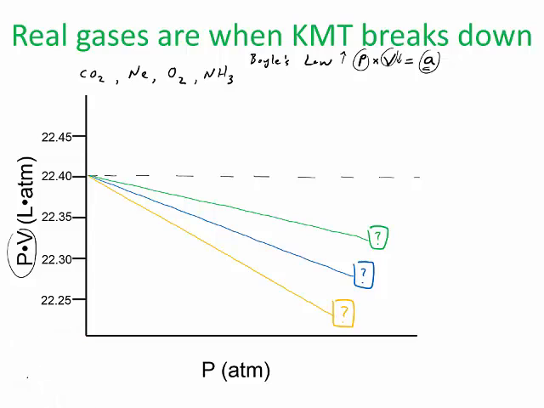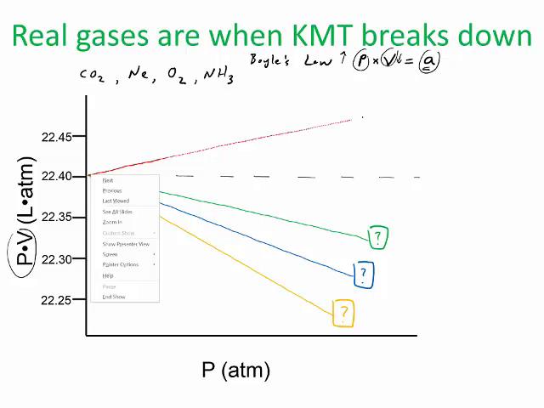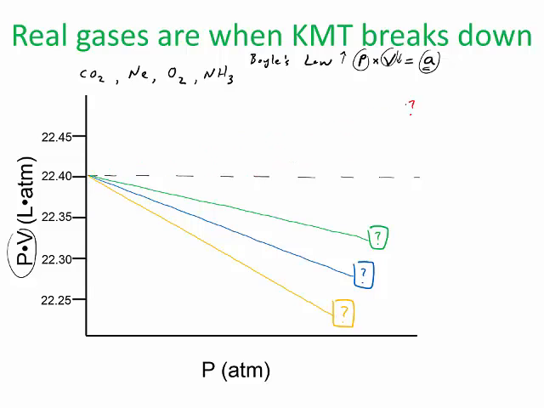And then we have another gas that actually positively deviates from the ideal gas law, or from the expected value. So I'll write a question mark here. Okay, that line didn't stay for me.